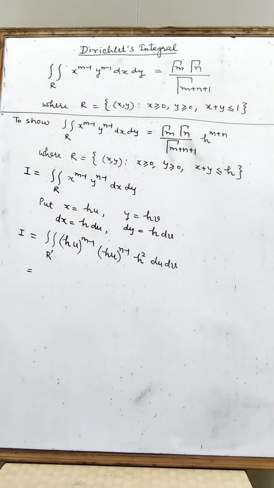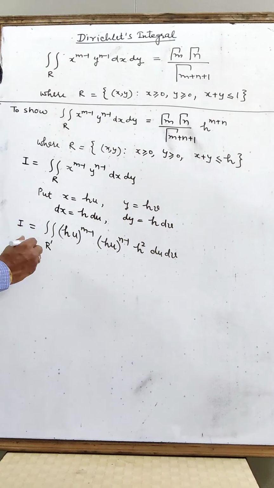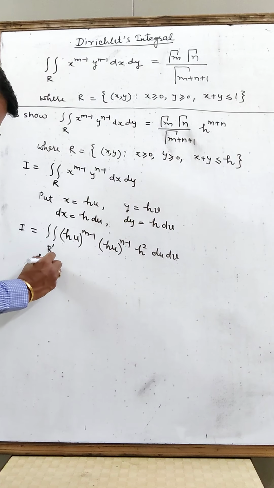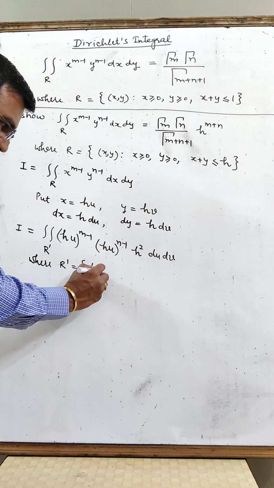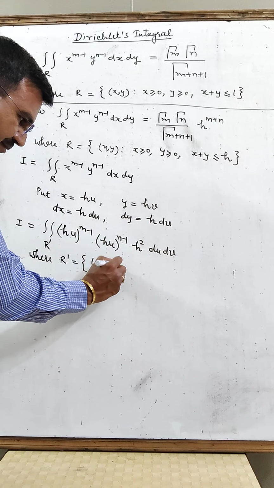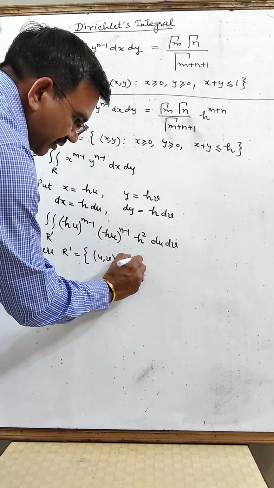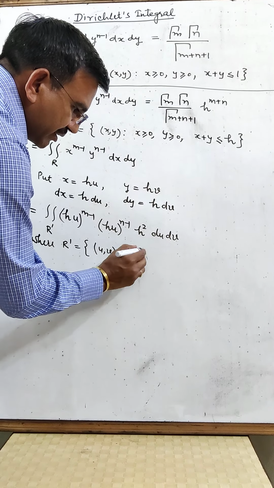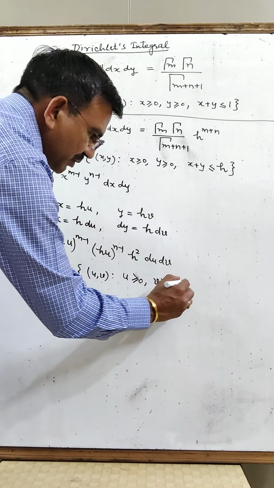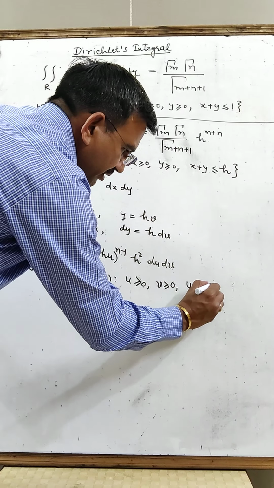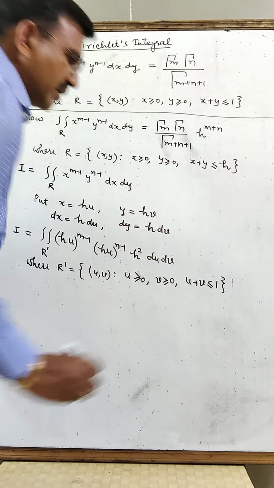So we will first write the region, where R dash is the region bounded in uv such that u is greater than or equal to 0, v is greater than or equal to 0, and u plus v is less than or equal to 1.